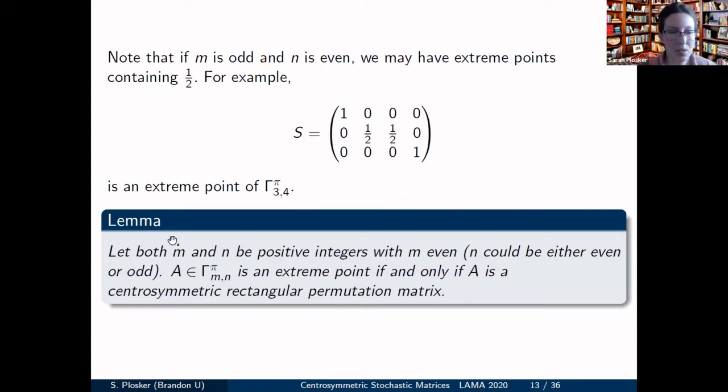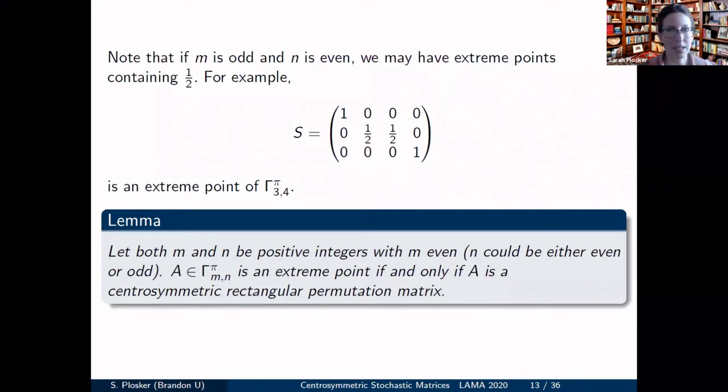Yeah, so we have a lemma. So m and n, m has to be even. n could be either even or odd. For m even, then we don't have this 1/2 case popping up. So we can actually characterize the extreme points precisely. So based on what we know so far, an m by n centrosymmetric stochastic matrix is an extreme point of that set if and only if it's a centrosymmetric rectangular permutation matrix.